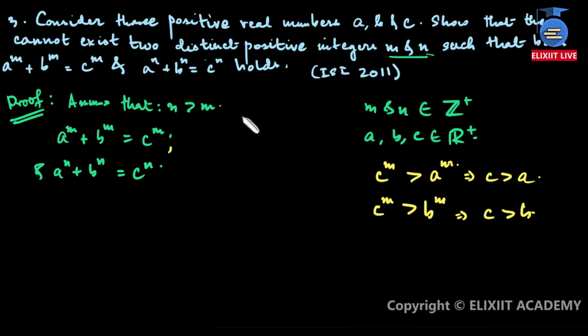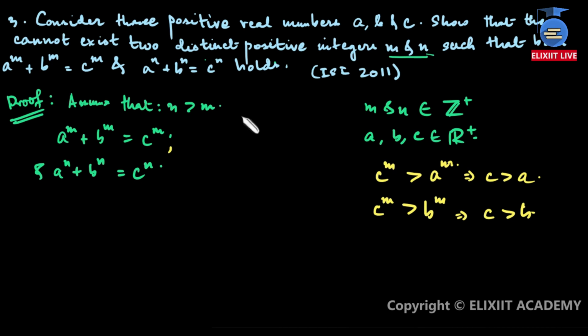They have twisted the question and mentioned that there cannot exist two distinct positive integers such that both of them hold, which means you have to show that for distinct positive integers, these two given equations are not simultaneously holding.